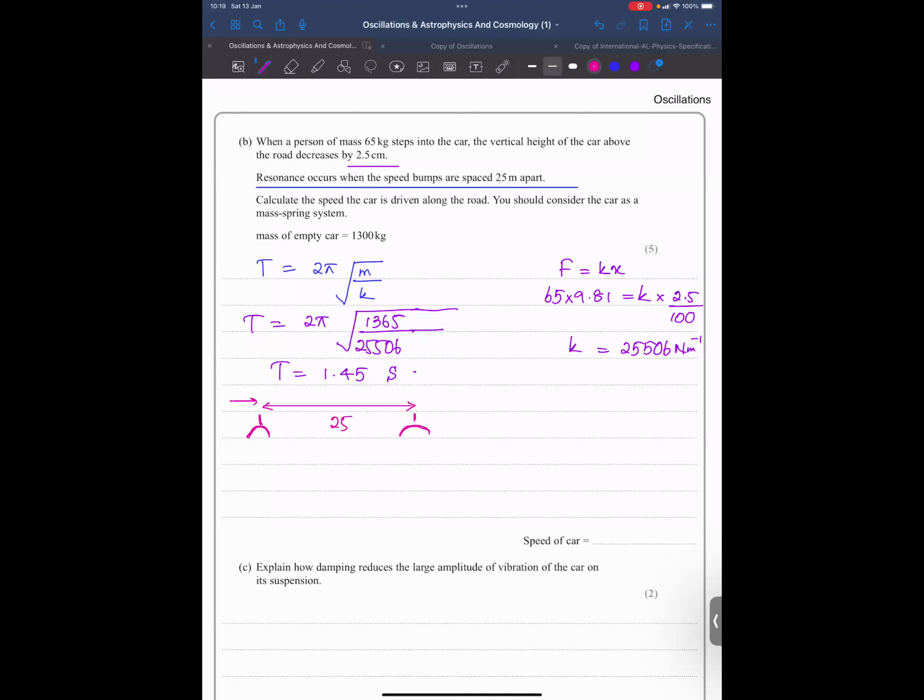So the car is moving at a speed of u equal to 25 divided by the time taken for an oscillation, 1.45. 25 divided by 1.45, which is 17.2 meters per second. Did you get this answer?